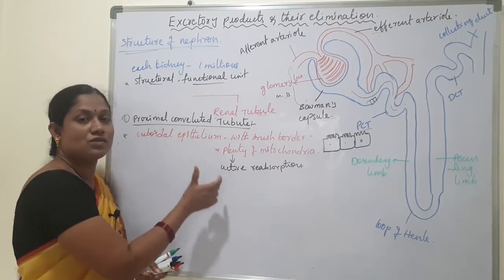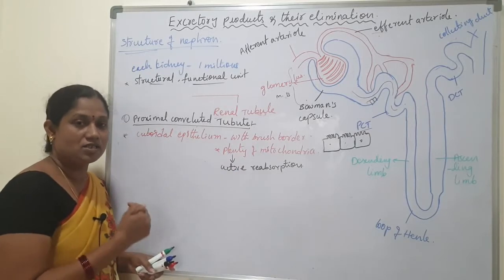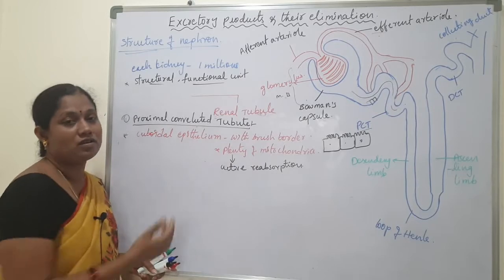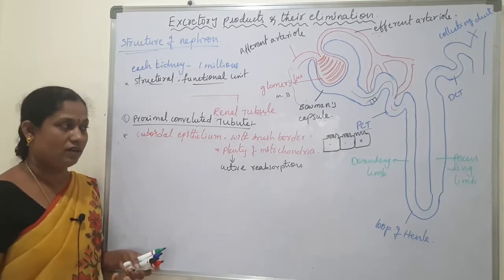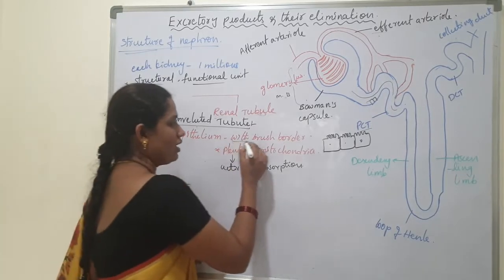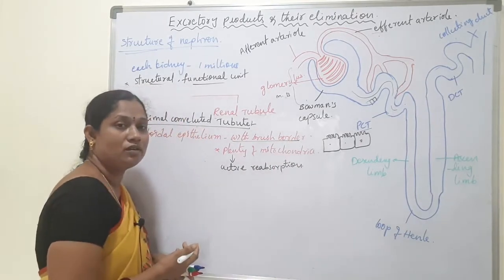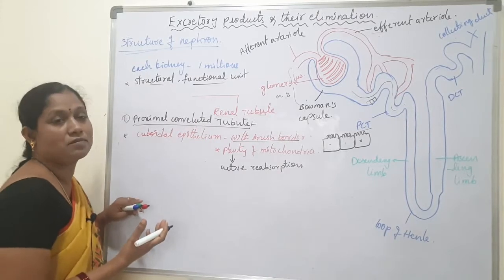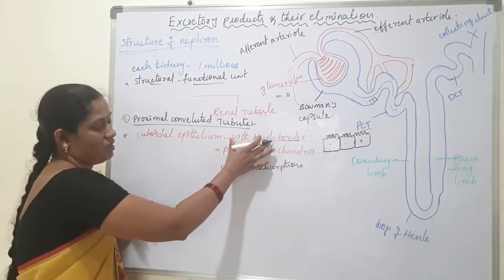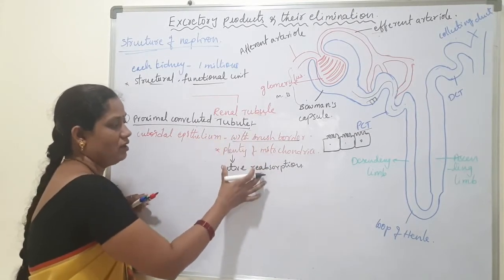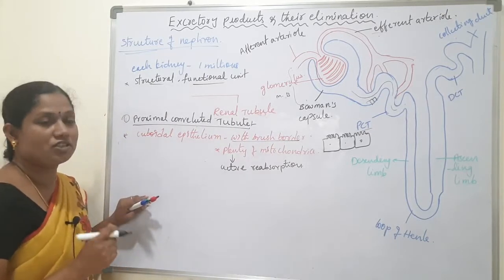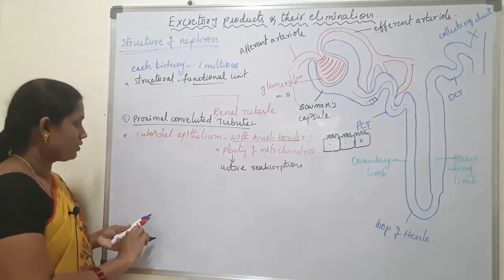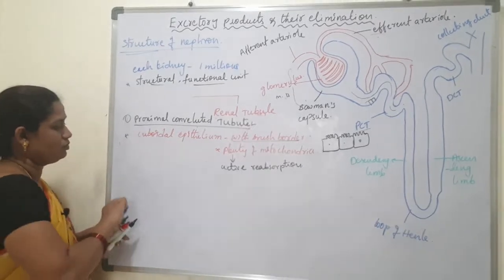Active means it needs energy. Energy is essential for active transportation, so the mitochondria provide a lot of energy. The brush border increases the absorption surface area. That's why brush border and plenty of mitochondria are present. So this is about the proximal convoluted tubule.